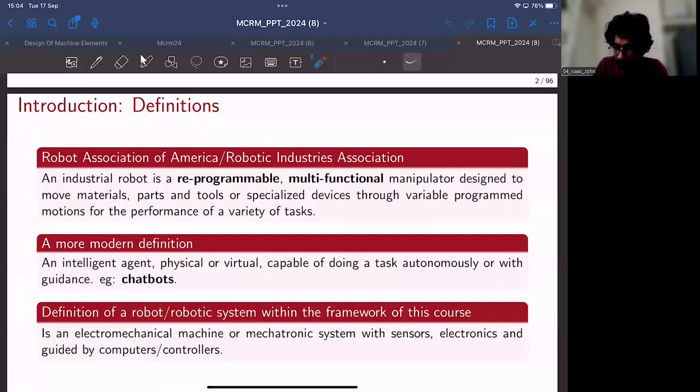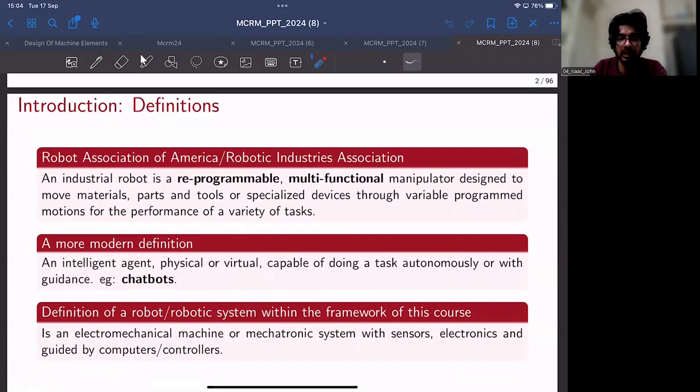It is nothing but: an industrial robot is a reprogrammable or multifunctional manipulator designed to move materials, parts, and tools or specialized devices through variable programmed motions for the performance of a variety of tasks. It's a very clear-cut definition from an industrial point of view. It more or less gives a lot of clarity on what an industry really requires from a robot.